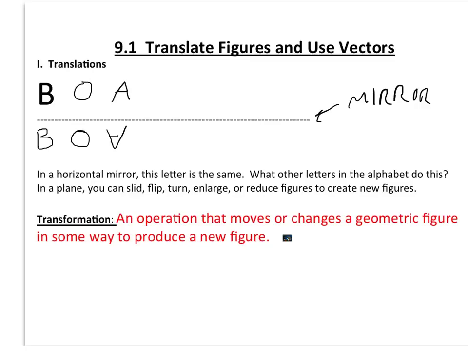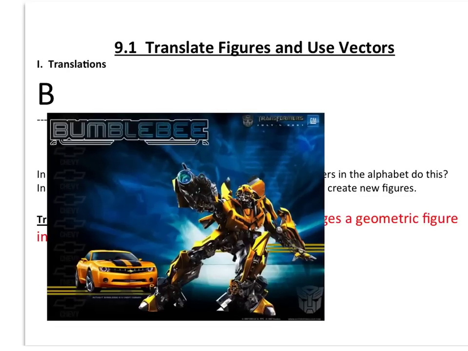It's an operation that moves or changes a geometric figure to produce a different figure. So what happens is you slide, flip, turn, enlarge, reduce, or change how this figure looks. So again, Transformers. They change from the transformer into a car and back and forth.